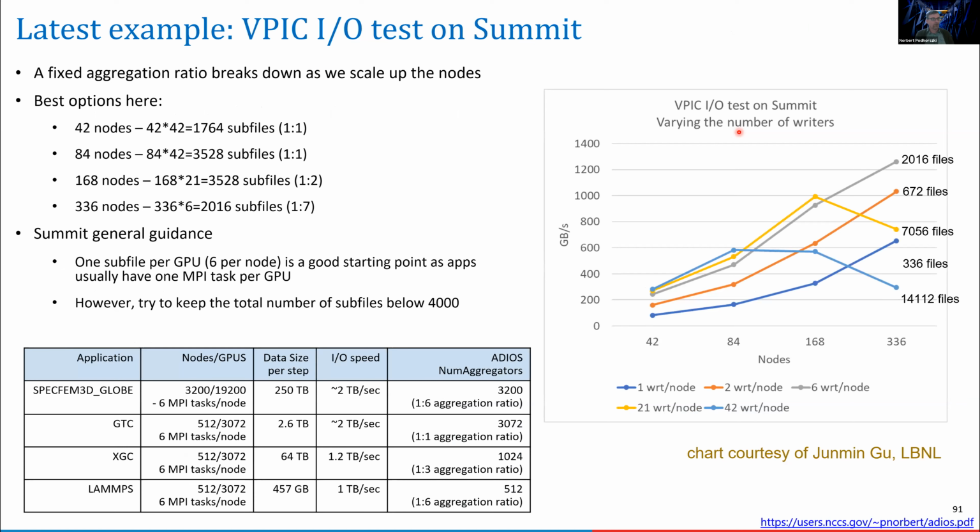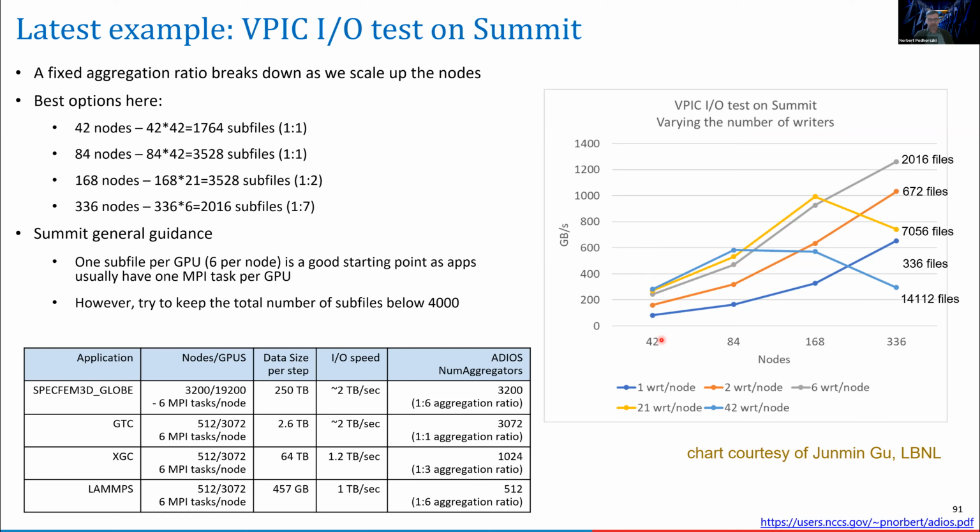So one example is we worked with the vPeak IO test on Summit, and this is a CPU code. So we were running up to 42 processes on each node, and we were looking at how many subfiles gives us the best I/O performance.